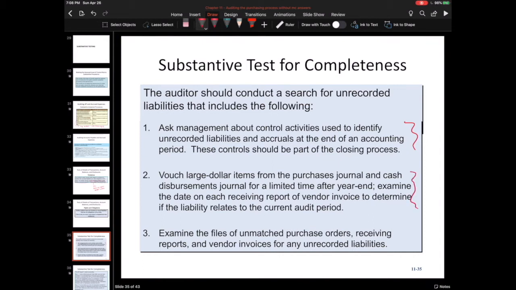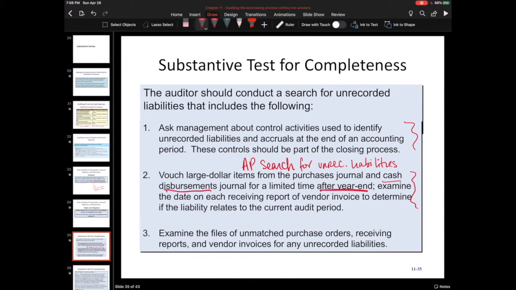Number two, and this is the biggest thing we do, is something called the AP search, AKA search for unrecorded liabilities. So what this consists of is looking at cash disbursements that happen after year end.